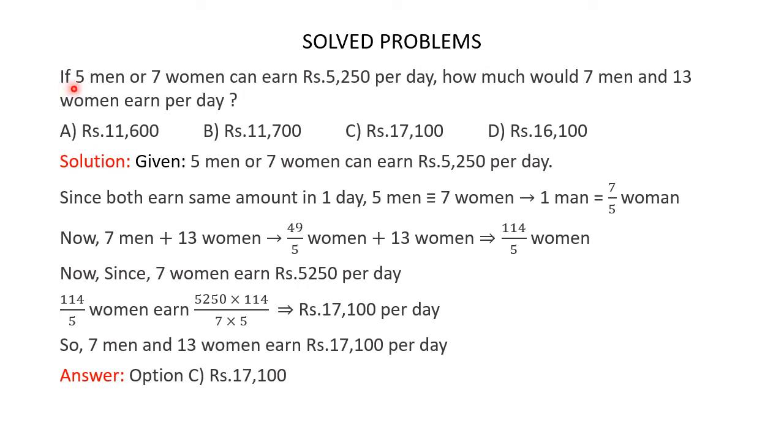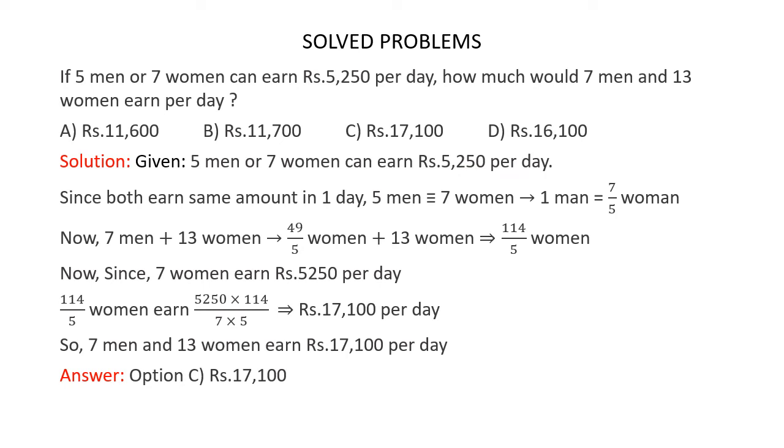If 5 men or 7 women can earn rupees 5,250 per day, how much would 7 men and 13 women earn per day? You are given 4 options here and you have to find out which of these options is the correct one. Now it's given that 5 men or 7 women can earn rupees 5,250 per day.